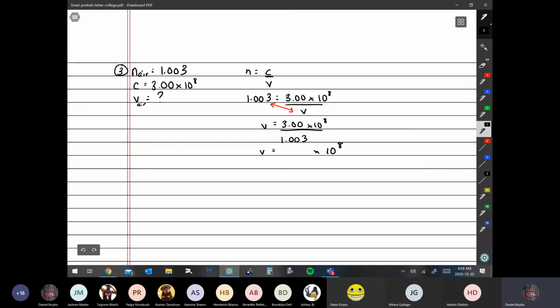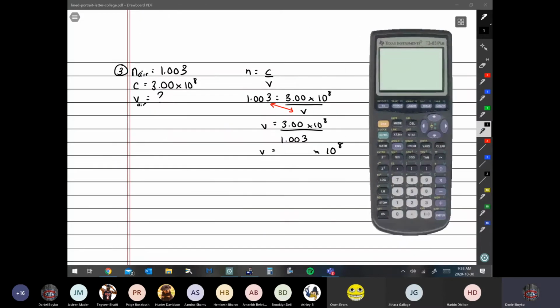That's just going to become part of your final answer. So open up our calculators and we're simply going to type in 3 divided by 1.003 and we are going to get 2.99. Wow, so much slower in air, right? That's the speed of light in air.